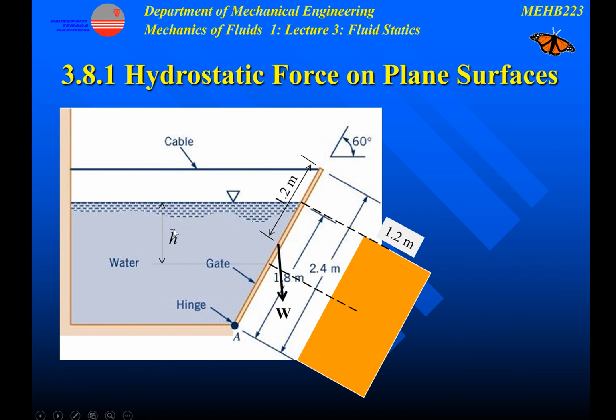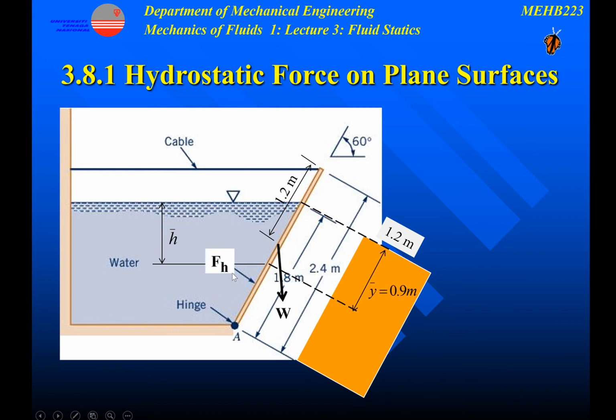The h bar, the vertical distance from the water surface to the centroid, is here. H bar can also be called hc. The inclined length from the intersection of the water surface and the gate to the centroid is called y bar. Y bar is simply half of 1.8, which is 0.9 meters.